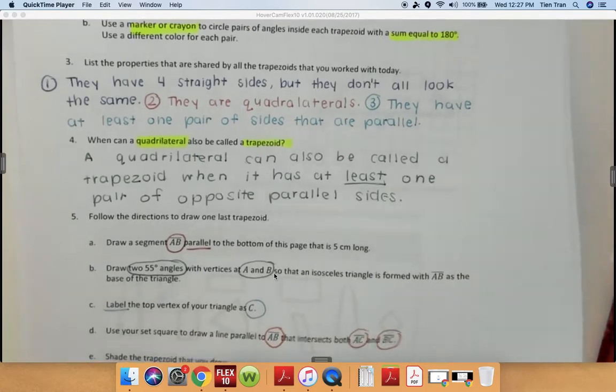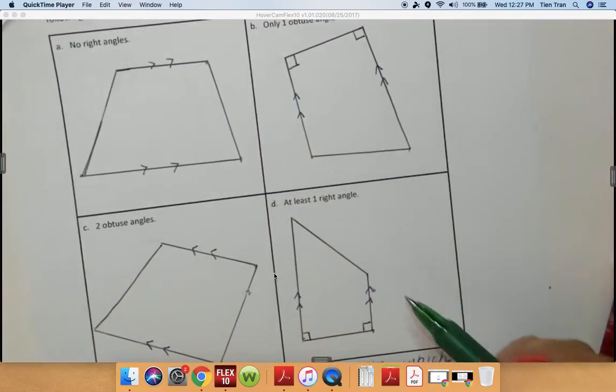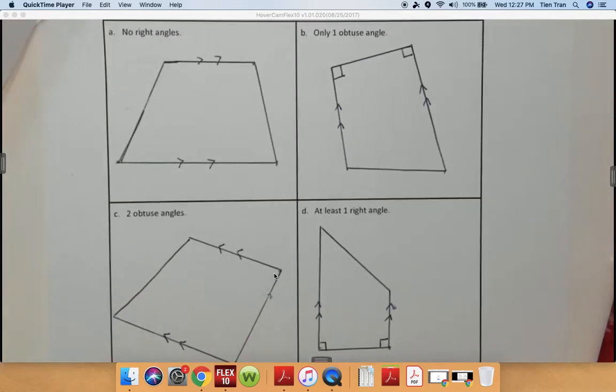So just like how you guys see it here, these all have parallel sides. That's exactly what I'm trying to say.